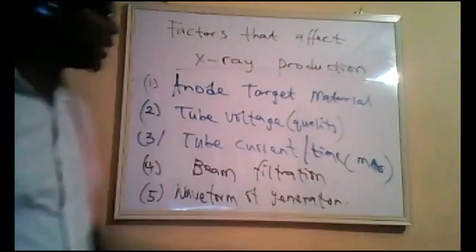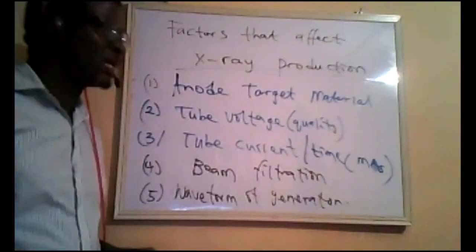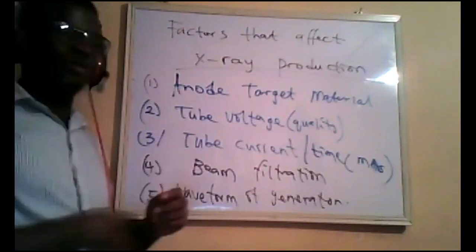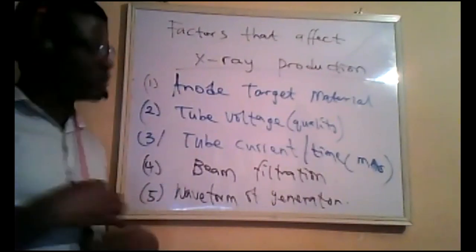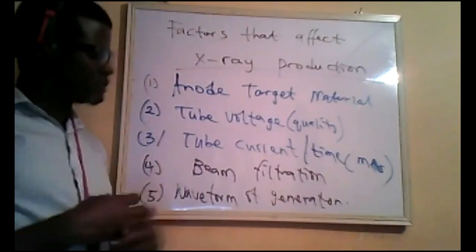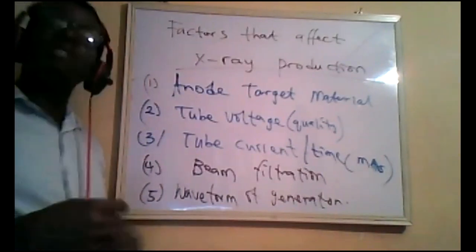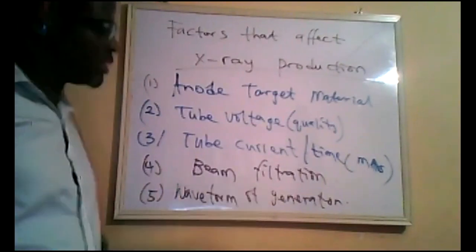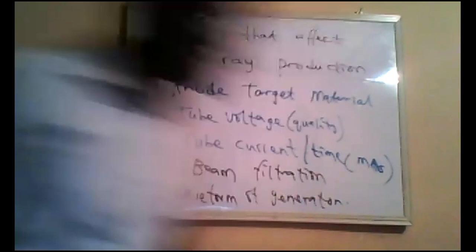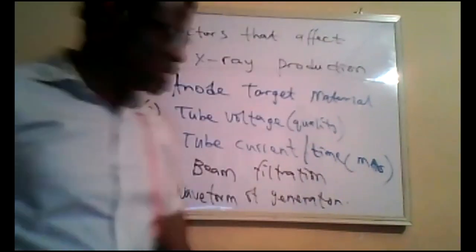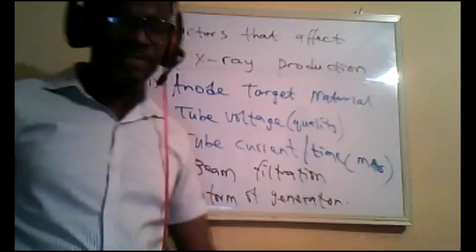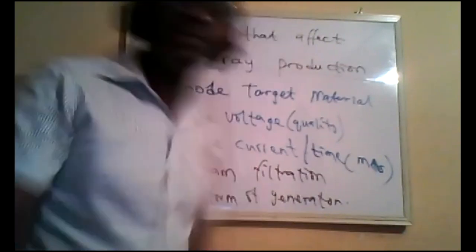As we have so many types of generator, we have single phase, we have triple phase, so many manners of waveform. You could have the one that is full wave rectified and the half wave rectified.